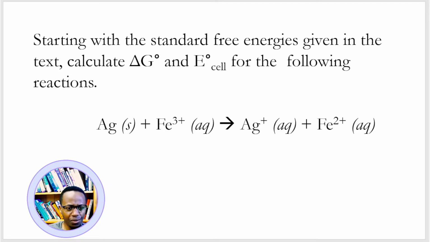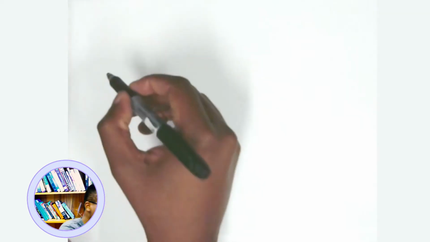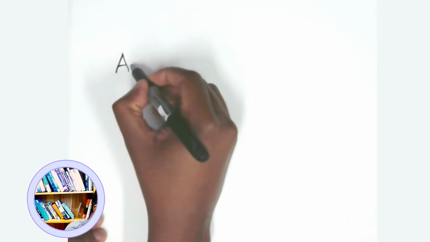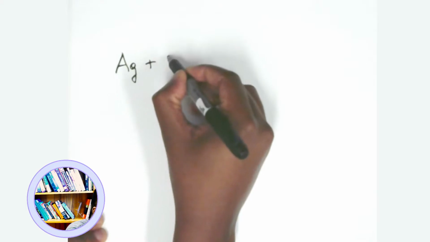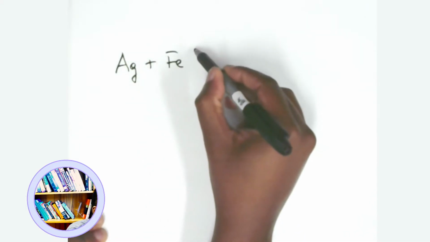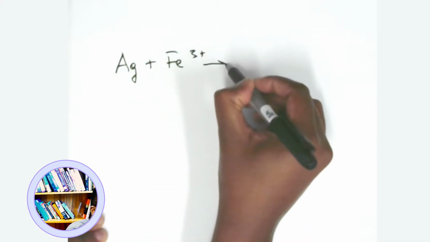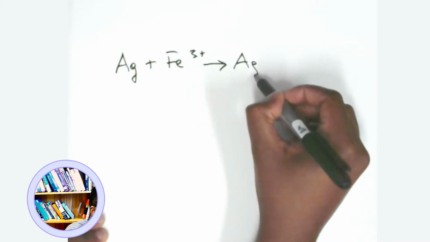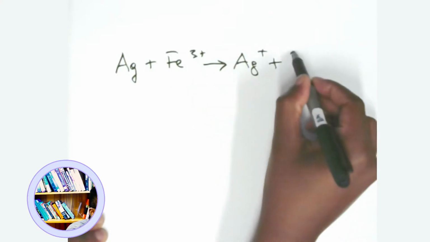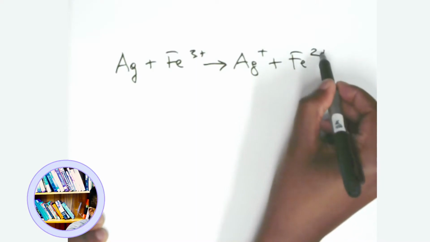Let me see if I can show you my paper. All right. So Ag plus Fe3+ gives us Ag+ plus Fe2+.